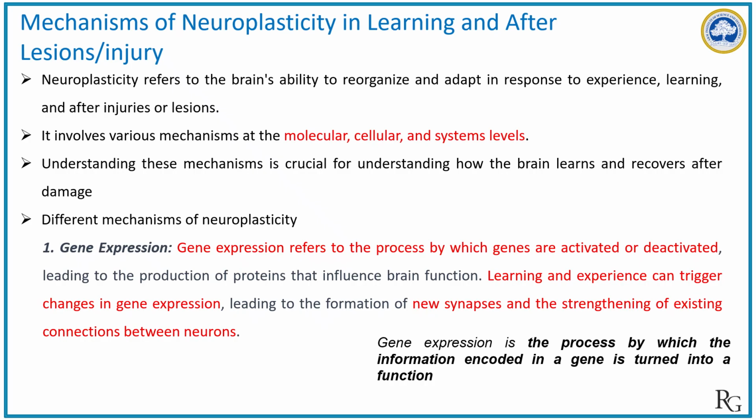So, in short, gene expression provides the molecular foundation for neuroplasticity. It allows neurons to form new synapses, strengthen existing ones, and rewire themselves to support both new learning and recovery after damage.